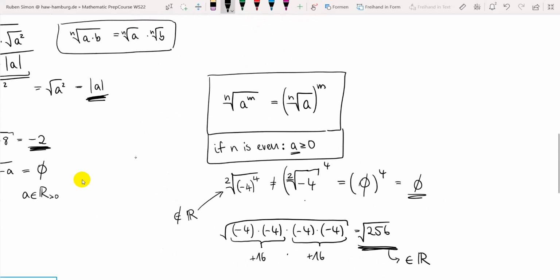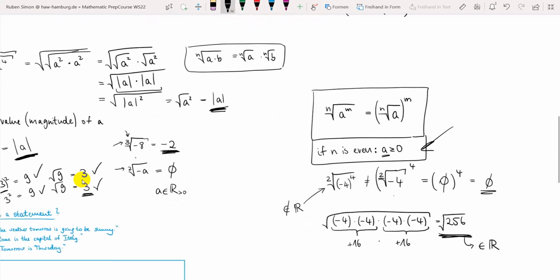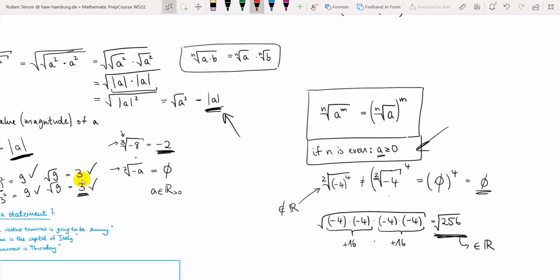This one and this one with the modulus operation are the most dangerous things when working with roots. These two aspects always lead to mistakes in exams and in tasks which are quite similar to these ones.